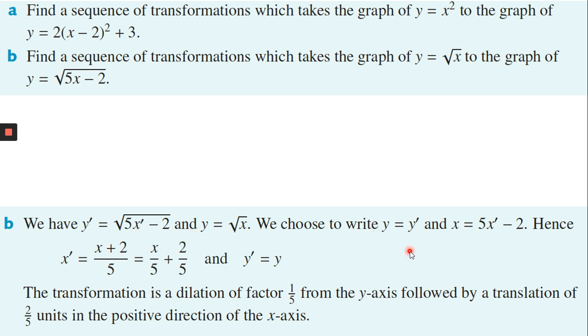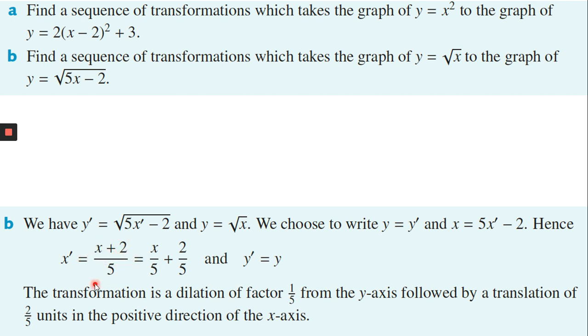So we can see that our y is just y dash. We don't have to do any rearranging here because it's already in the form y equals root x, and our x is 5x minus 2. So then we do our rearrange.